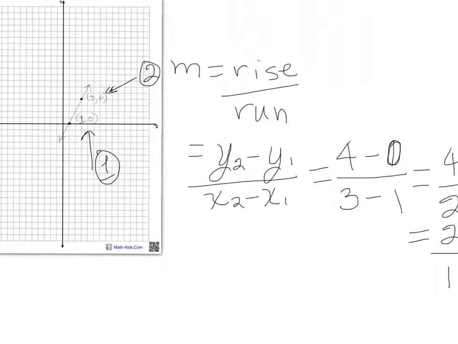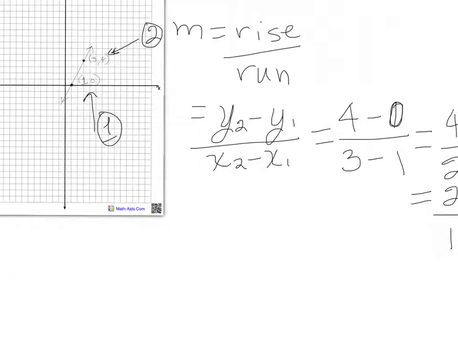M equals rise over run, or what you're really going to be using is this: y sub 2 minus y sub 1 divided by x sub 2 minus x sub 1. We say sub because this is a subscript. Okay, so let's do that, and I'll be right back on the next slide. We'll go over the checkpoints, and you can check your answers.